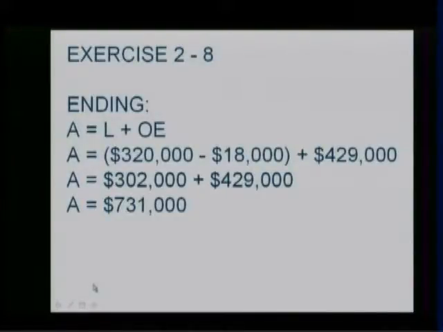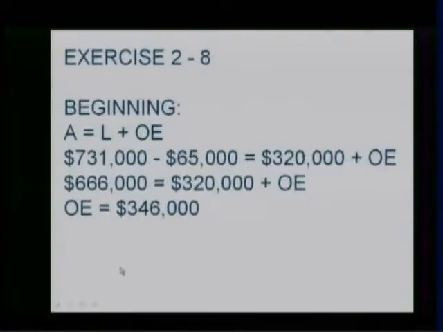Now, knowing that, I can go through and do the beginning balance sheet equation, because I now know that my assets at the end of the year were $731,000, and the problem tells me that assets increased by $60,000 during the year.